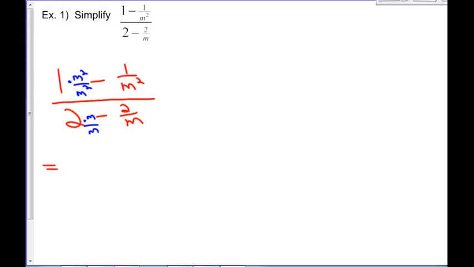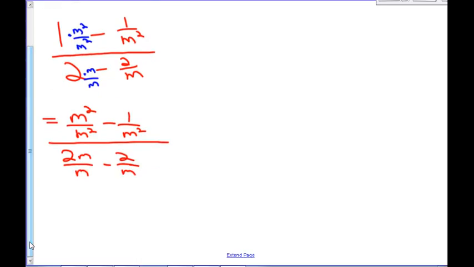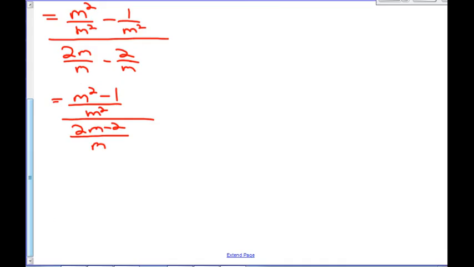In our next step, we're going to have m squared over m squared minus 1 over m squared all over 2m over m minus 2 over m. Okay, so on top we have m squared minus 1 all over m squared. On the bottom we have 2m minus 2 all over m. This is taking a lot of space.